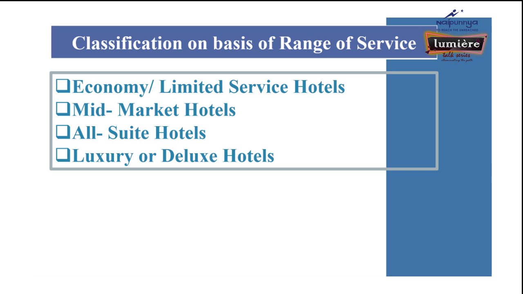The next classification is classification on the basis of range of service or the level of service offered by the hotel. Different hotels have different styles and different standards of service, and here the hotels are classified based on the service which they offer to the guest. Every guest has their own budget for expenses that they are expecting during their trip. Some guests are with constraints of budget and some others without any constraints of budget.